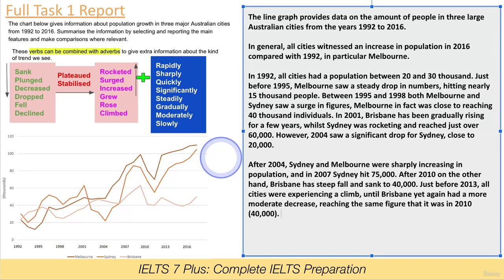So in 2016, both Sydney and Melbourne had over 100,000, these here.